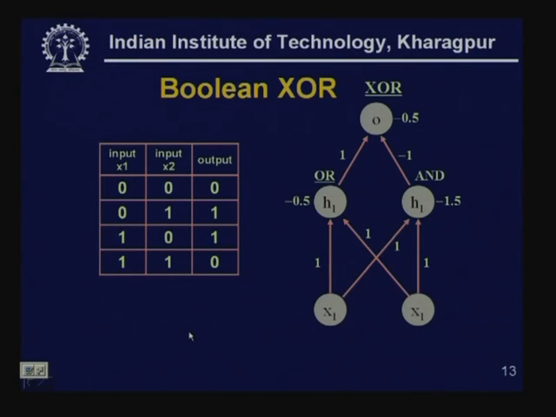The Boolean XOR function is one function that we mentioned in the last class, which cannot be represented by a single linear unit.